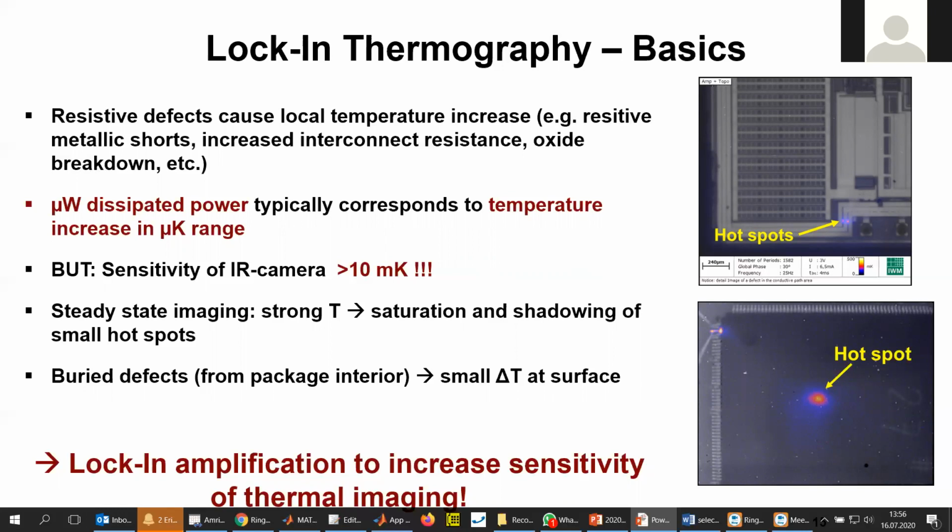Steady state imaging wouldn't be applicable as the strong saturation would lead to a shadowing of small hotspots, and buried defects from inside the package would only lead to very small temperature gradients at the surface of the sample. So the solution is lock-in amplification to increase the sensitivity of the thermal imaging.